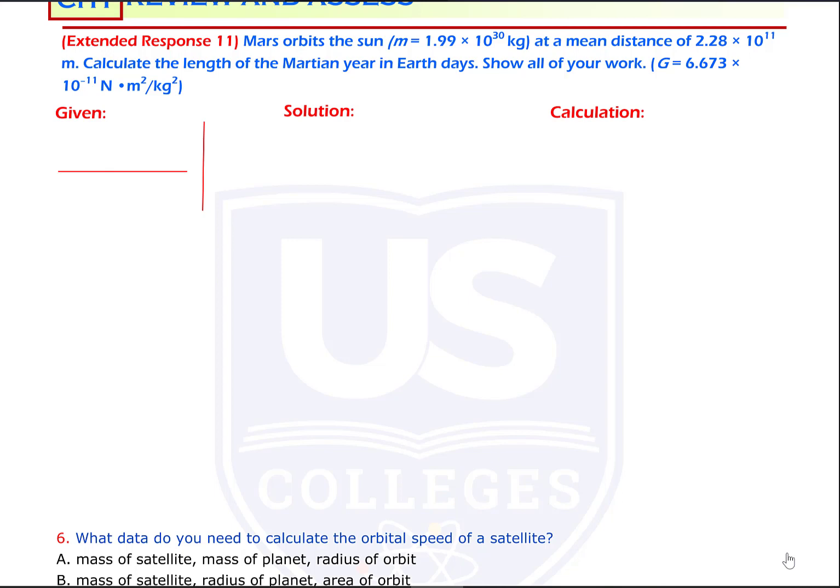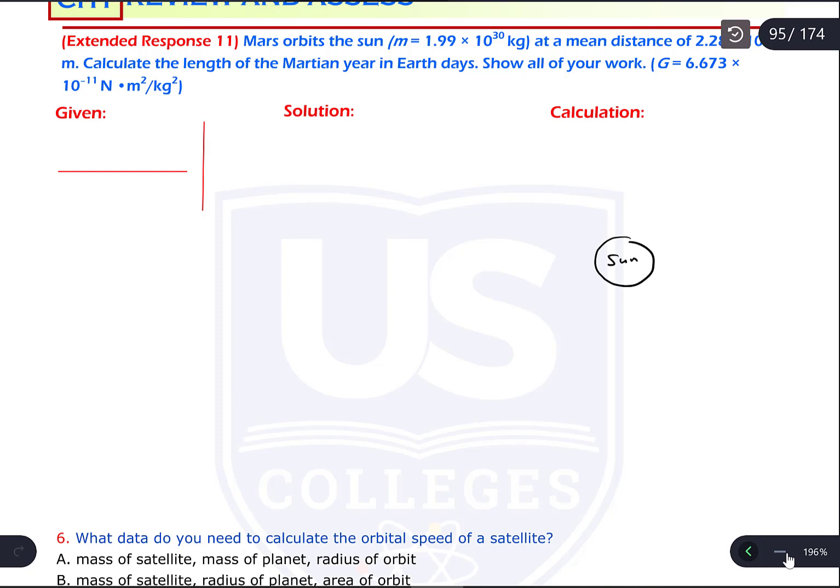So let me draw the model. Sun, and Mars is orbiting the Sun. So this is how Mars revolves around the Sun. Let me show the Mars mass a little smaller. This is the mass of Mars, which is small m.